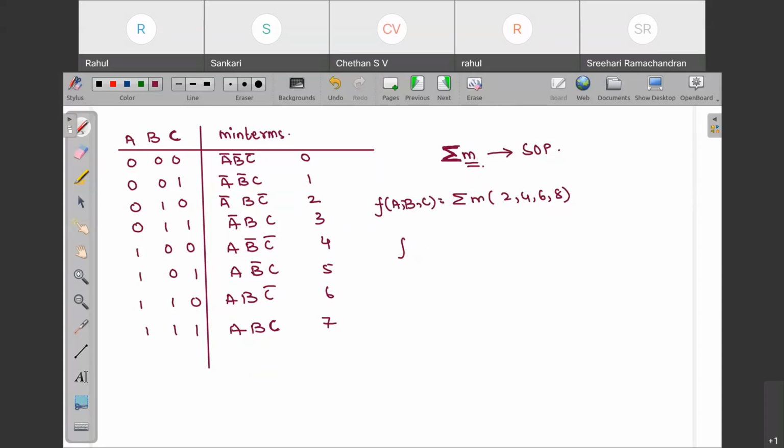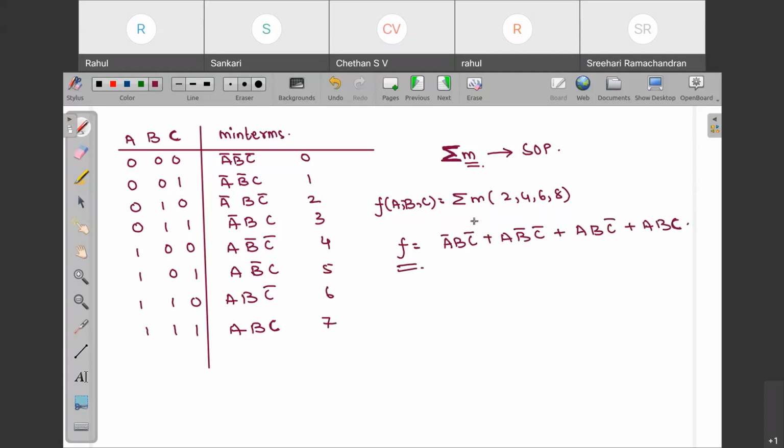So this corresponds to the function being a complement b c complement plus a b c plus a b c complement plus a b c. This is a shorthand version of writing this. This is what we mean by min terms.